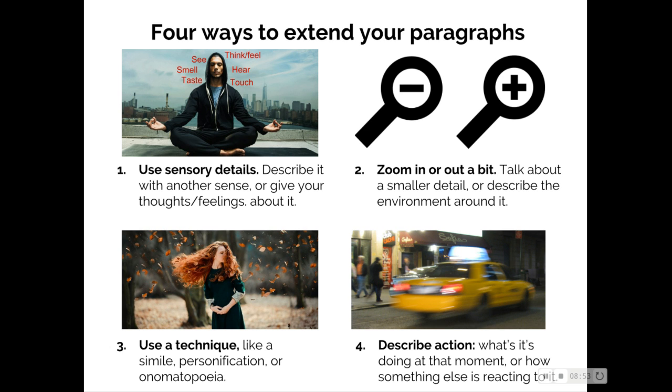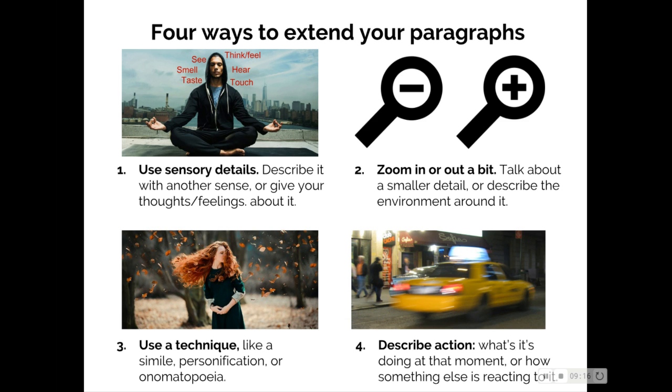Now, if you're looking for some more interesting ways to extend your paragraphs, ways that you could think of another thing to include in those paragraphs, here are some things that you can do. First of all, you could use some more sensory details to describe the thing that you've been talking about in that paragraph.